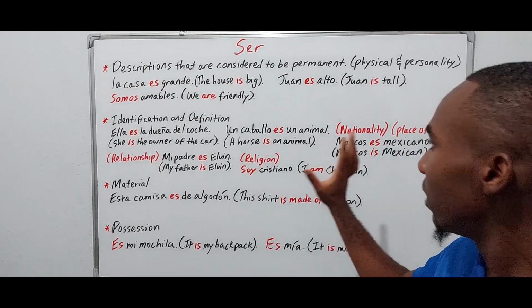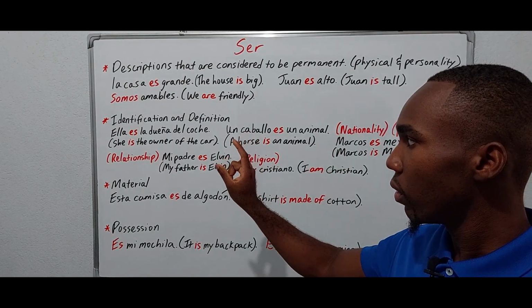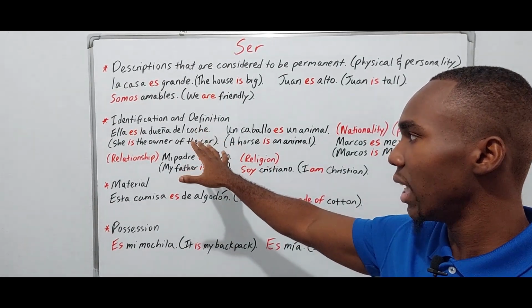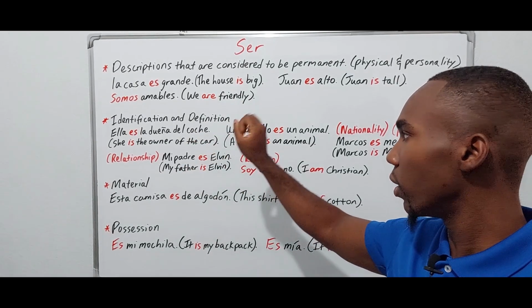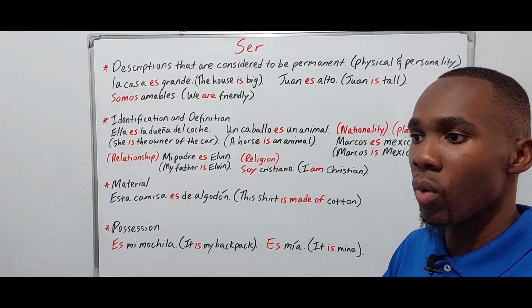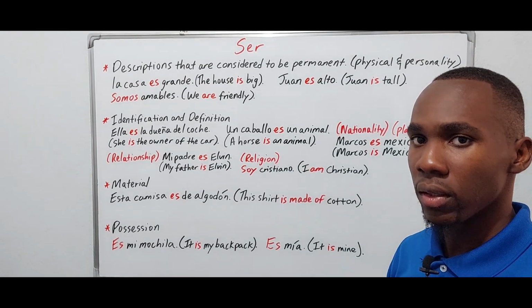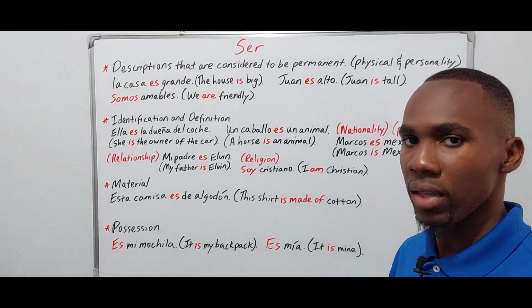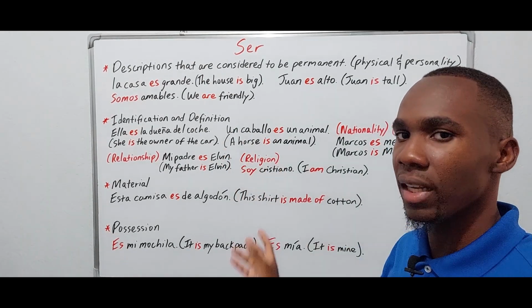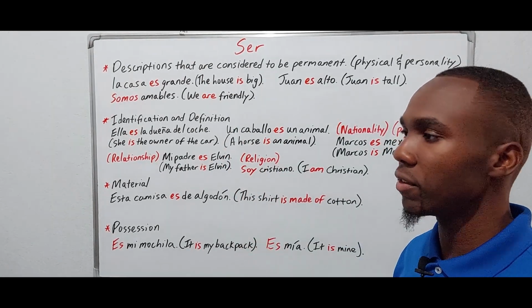But before we get into the others, identification, so that would be an example of identification, the first one. The second one would be an example of definition, so saying what something is, right? I was going to say that that could also be identification too, but that's more definition.